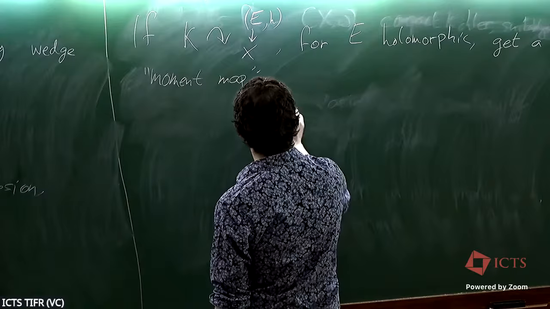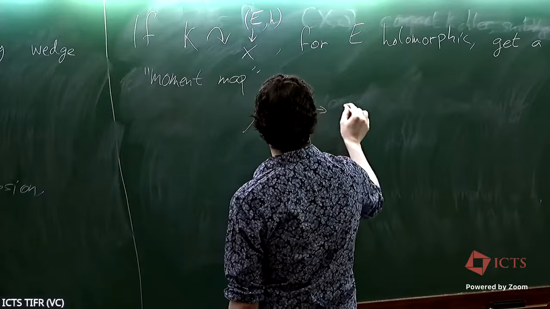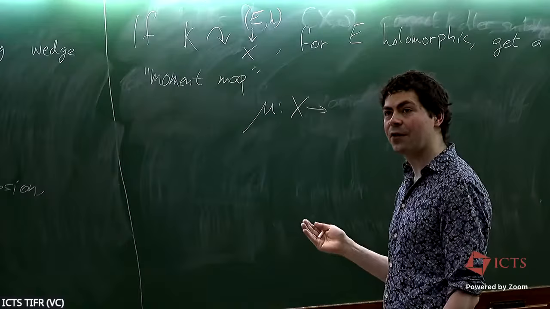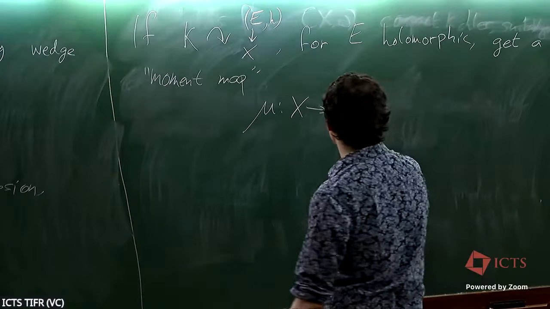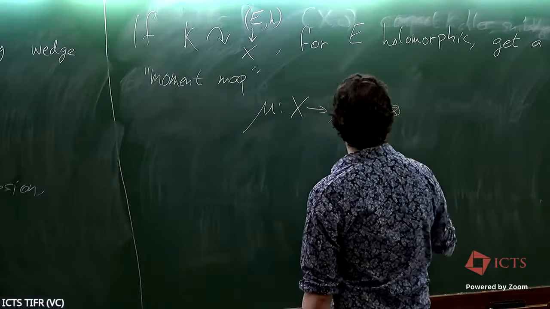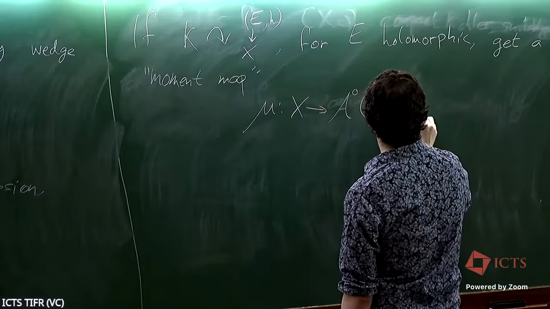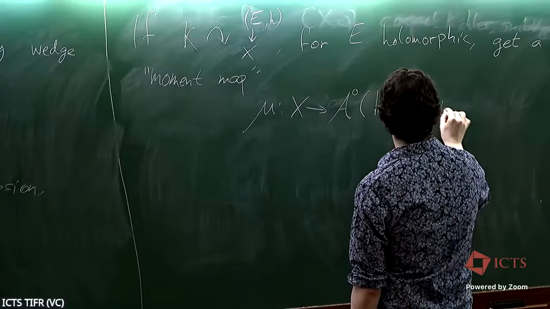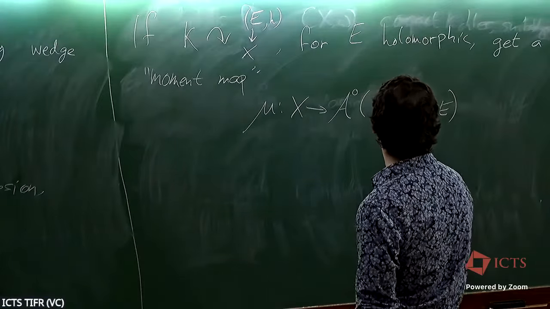Okay, so how does a moment map work? So we take mu. Now it doesn't go from X to the Lie algebra, but rather we need to incorporate endomorphisms of E as well. So it gives us a section of the Lie algebra dual tensor End(E).